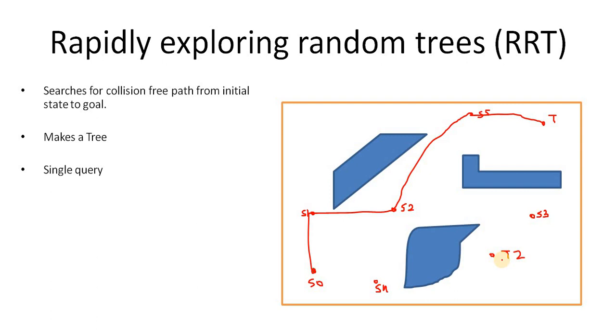That is why this algorithm is single query. But there are multiple query algorithms, and you shall see that later. The probabilistic roadmaps can be used for multiple queries, because they make a graph, and in this graph you can use multiple times goal finding.